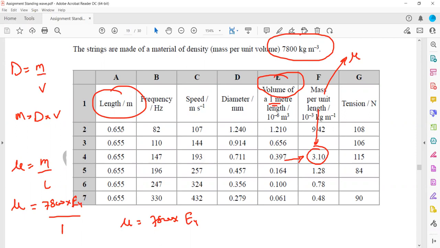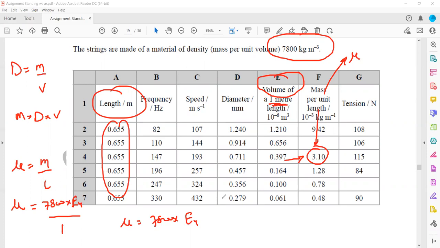These are lengths of 0.655, but we already calculated the volume for 1 meter length. That's why we did not use this length. We are using a length of 1 meter, not 0.655. Is it clear, this part?